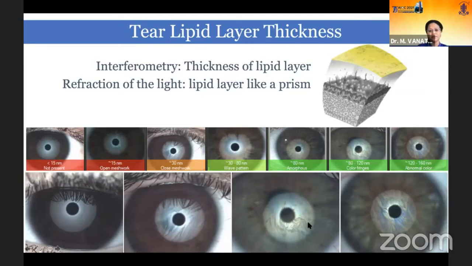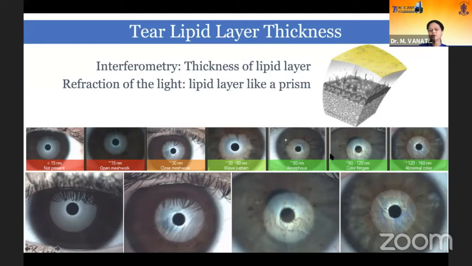This is a picture depicting the lipid layer thickness, and how it changes according to the health of the tear film in a patient. When the lipid layer thickness is less than 30 nm, you find that the birefringence pattern due to refraction through the lipid layer is lost, and you just get an opaque pattern on the white ring here.